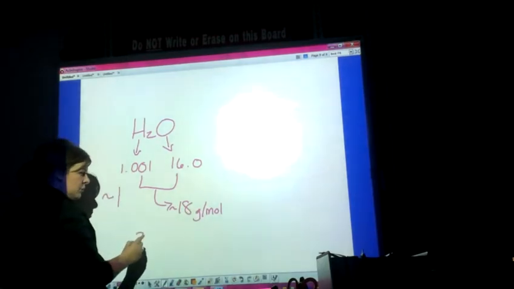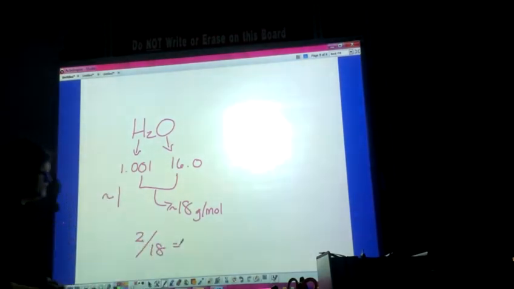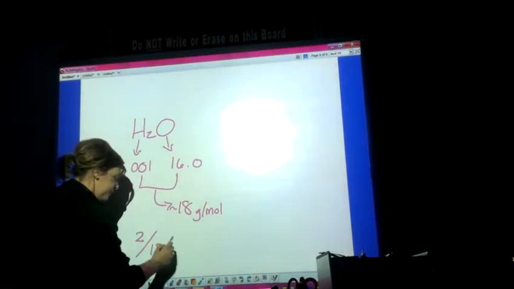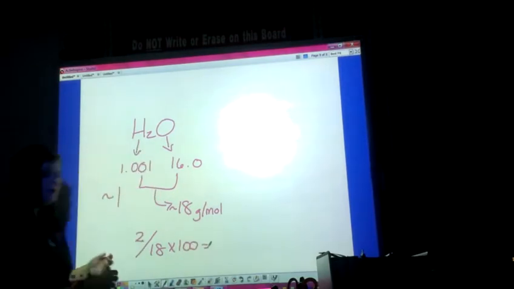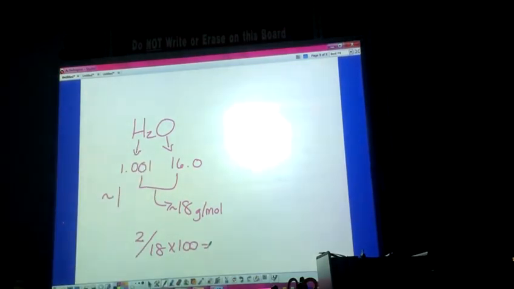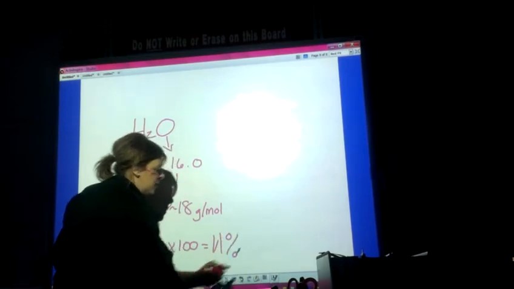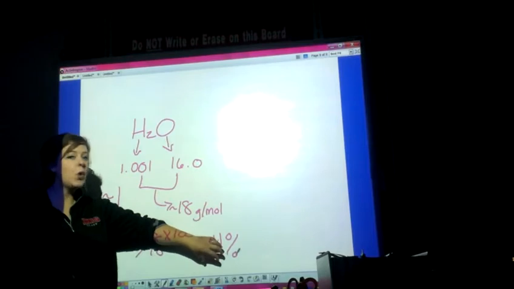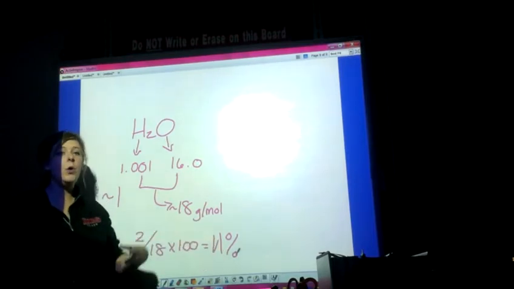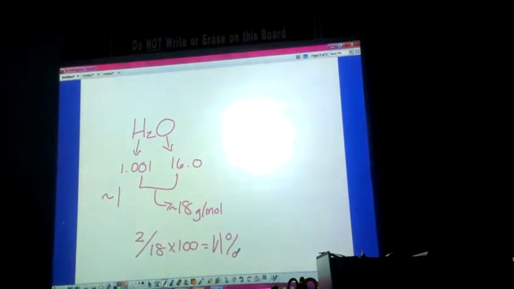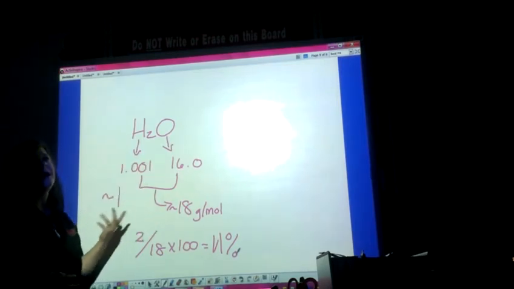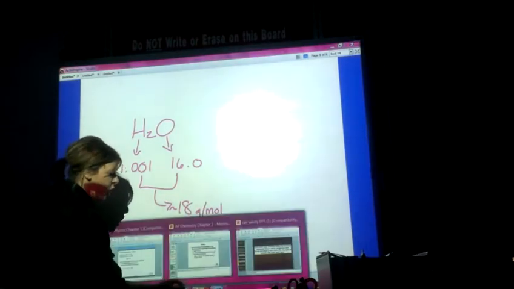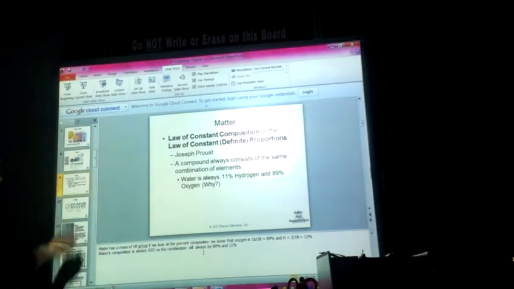I could find 2 over 18, and if I made that a percentage, times 100, that's going to give me 11%, which is saying that hydrogen is always going to contribute 11% for water in terms of its composition, and that will always be true. I could do that for any compound, any molecule, and that's why Joseph Proust is credited with the law of constant composition.